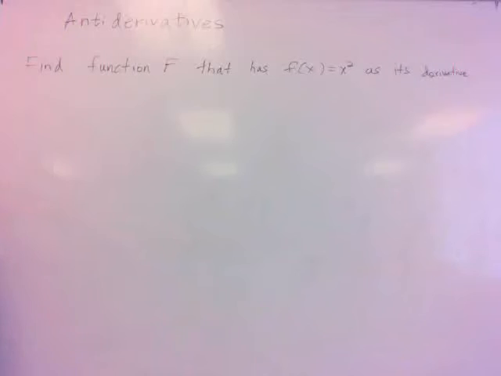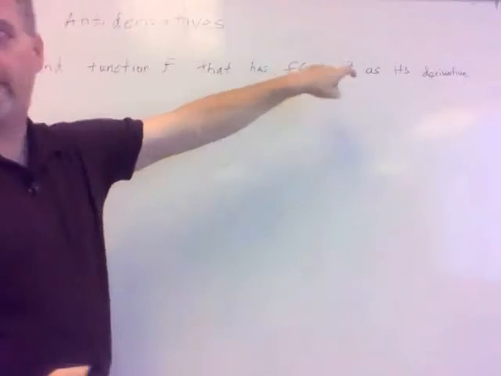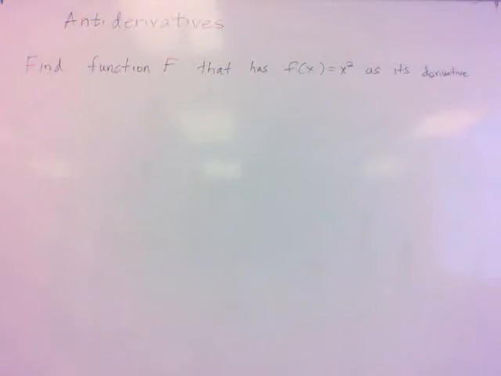So I want to find a function F that has x squared as its derivative. In other words, if I took my function F and did the derivative, I would get x squared. Well, if you think about it, this is the derivative.